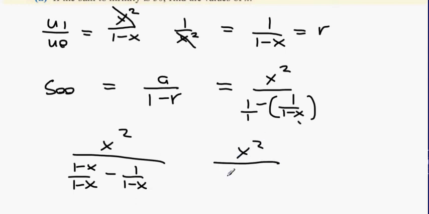And then on the bottom I'm going to have 1 minus x minus 1, so 1 minus x minus 1 all over 1 minus x.